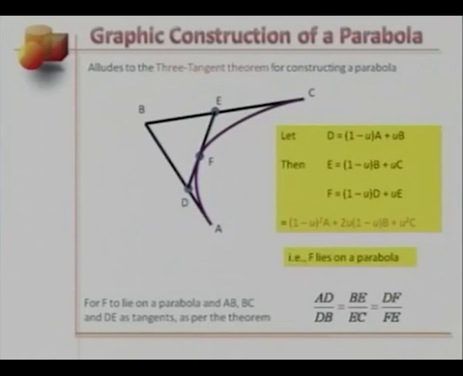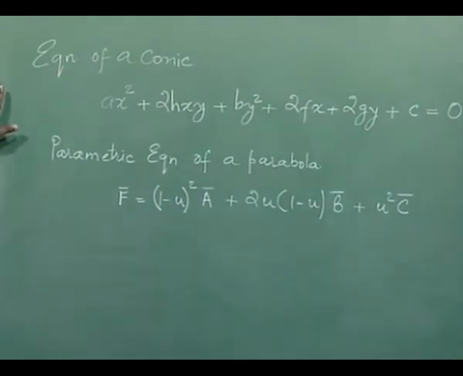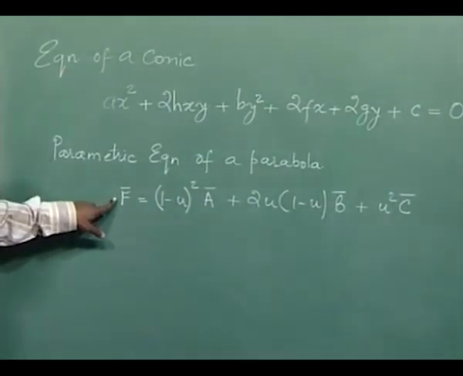It would not be very difficult for us to figure, using coordinate geometry, that F would lie on a parabola. This may be one way to verify how point F would lie on a parabola.